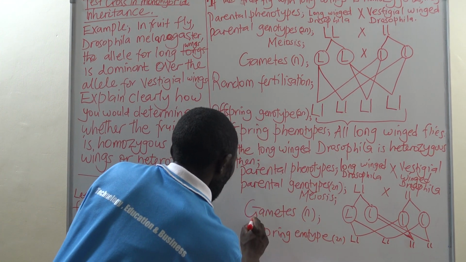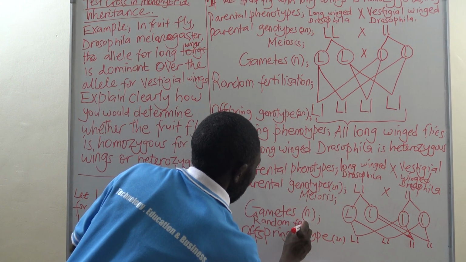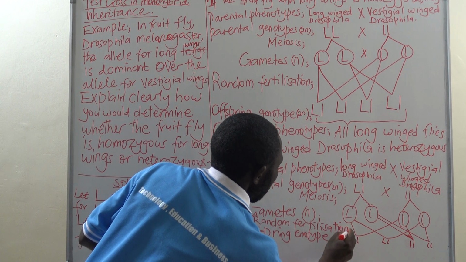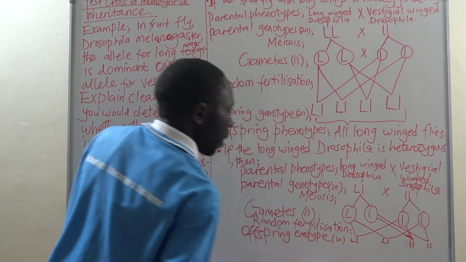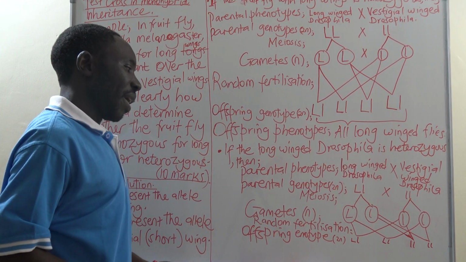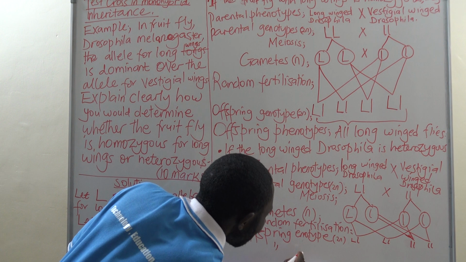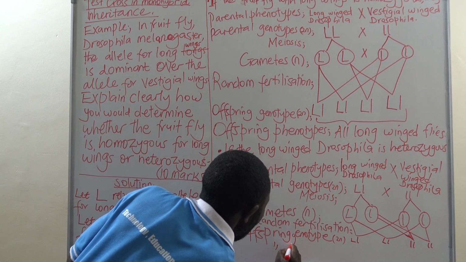Of course, here we have random fertilization. Now, what do we observe here? The offspring phenotype. Offspring, this is genotype.